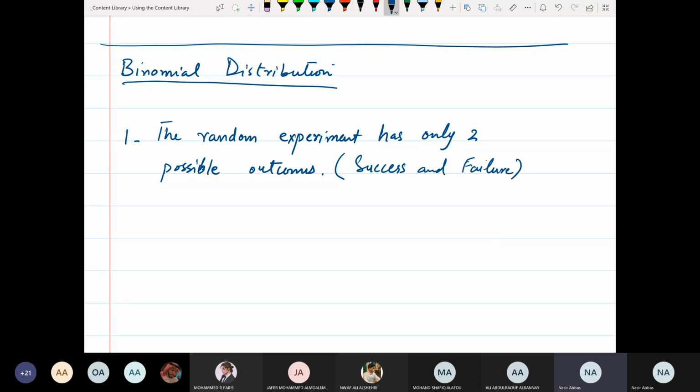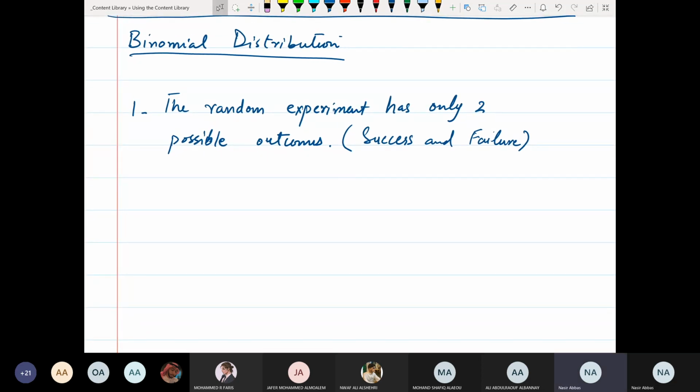Just the notations, no special meaning of this success or failure. Wherever we are interested, if you are interested in number of working objects, you will call working as success and defective will be failure. If you're interested in number of defectives, then defective will become success and working will become failure. So no special meaning, just the notations of success and failure.